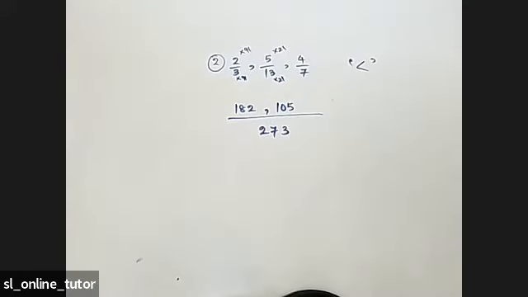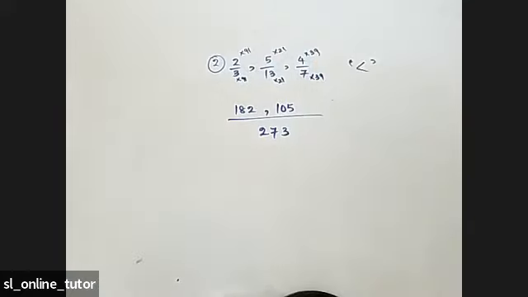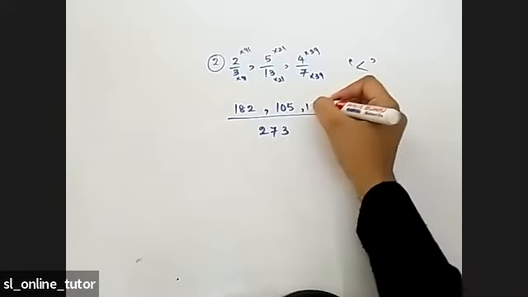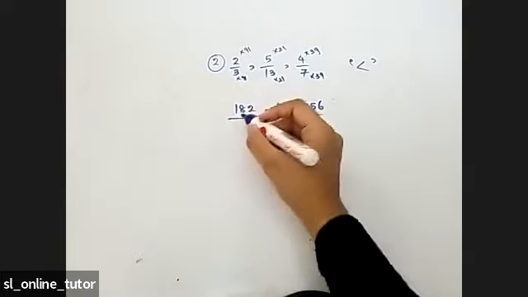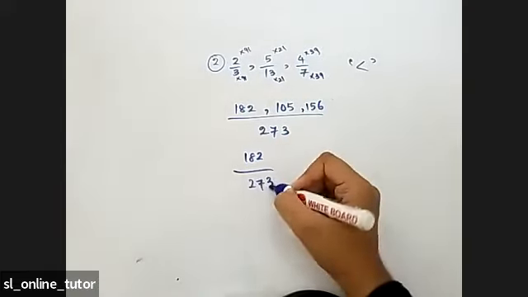Now by 7. So 273 should be divided by 7. You get how much? 39. So it should be multiplied by 39. What is 4 times 39? You are getting 156. Now you can use the symbols. What is the bigger one? 182 upon 273.